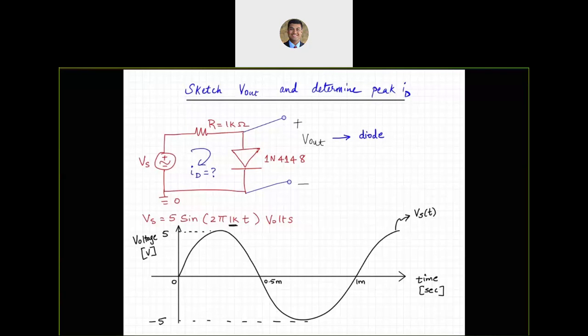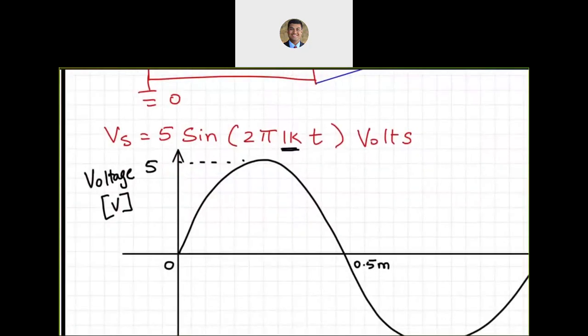So if I say this point is 0.7 over here, until that time it is going to follow the source, and at that point it will have a flat line because the voltage across the diode cannot increase beyond that.